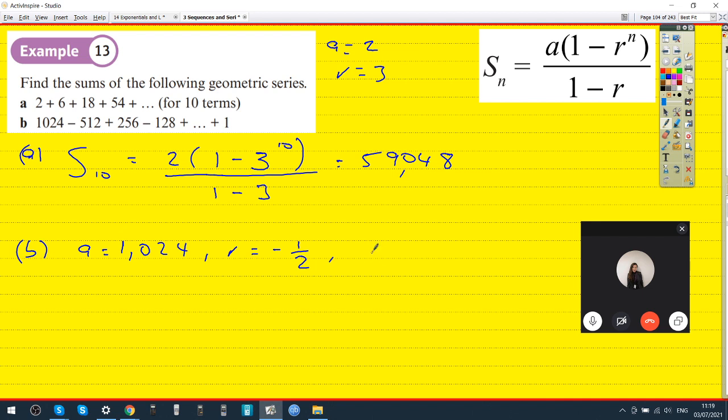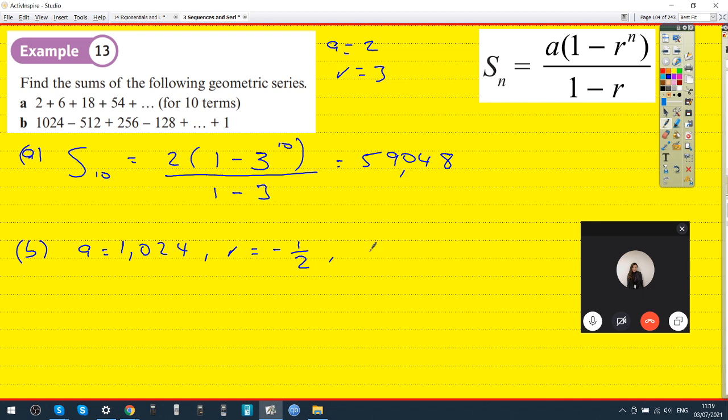So how can we get n? Do what we did before. Geometric. What did we do before? We did like ar plus ar squared plus ar cubed plus ar to the 4. That was just to prove it.